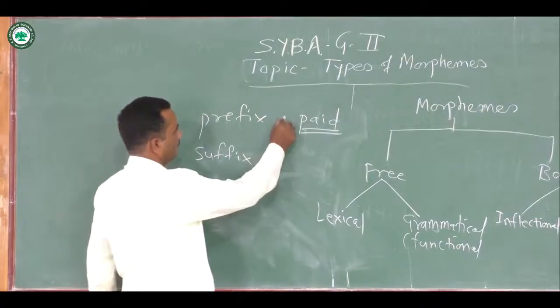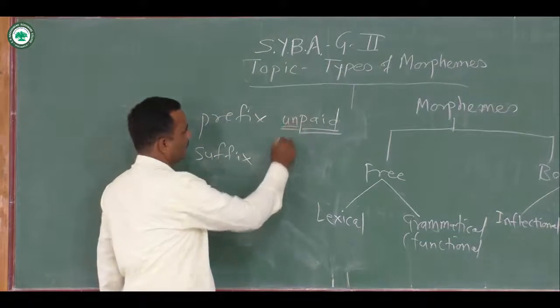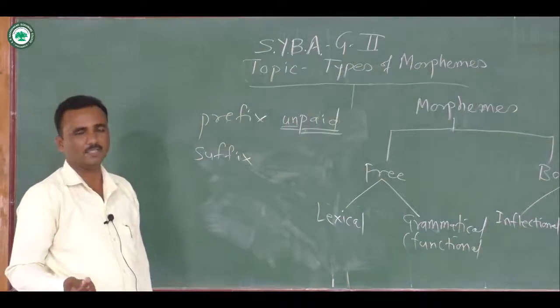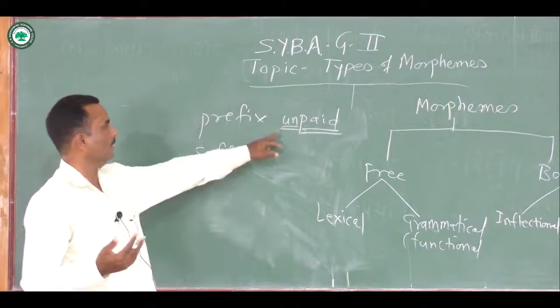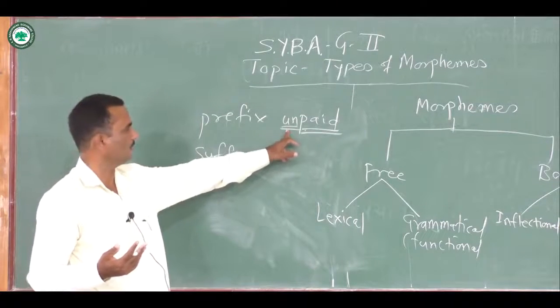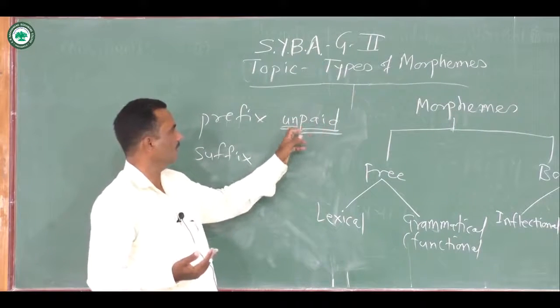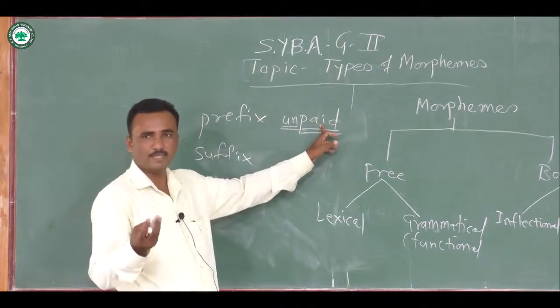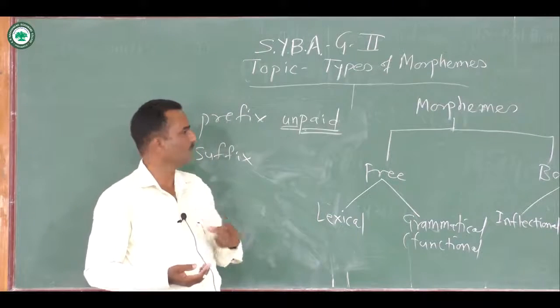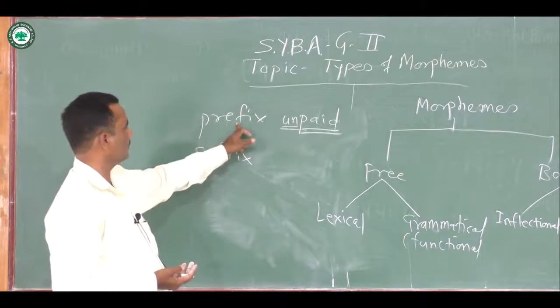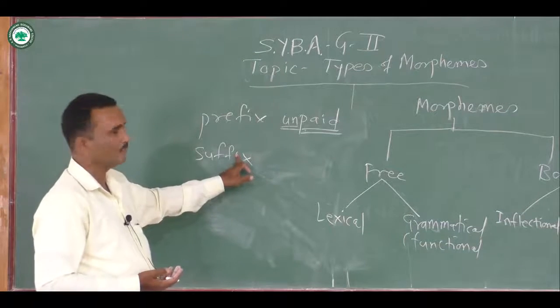When morpheme un is placed before it, it becomes unpaid. So this is the commonest process of formation of words, unpaid. So un is morpheme, paid is morpheme. So un is prefix, paid is base, stem or root. So a number of words can be formed by this process called prefixation.